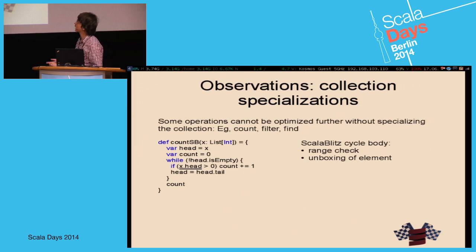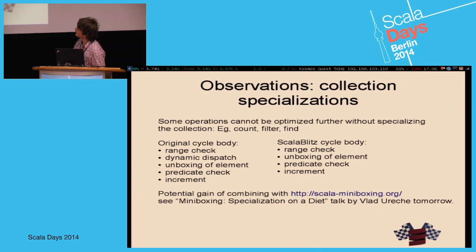So the win is not that clear. The only difference is that previously you had unboxing after dynamic dispatch, and now you have unboxing just in place. So there can be potential improvement in implementing such operations using macros, but it can only be done efficiently after we have the storage of Scala collections already specialized.